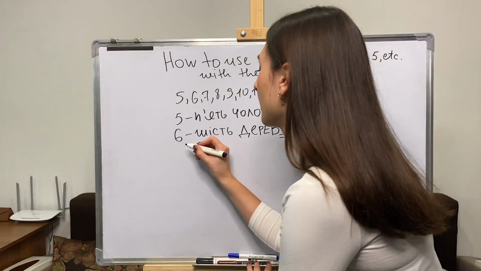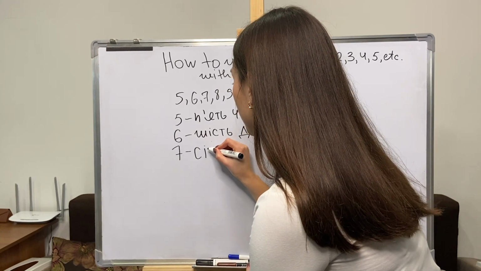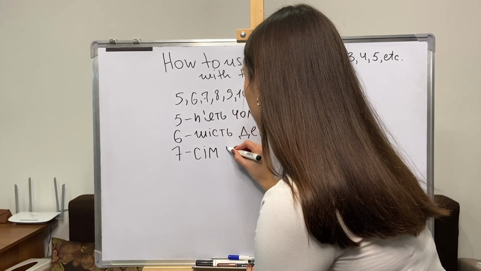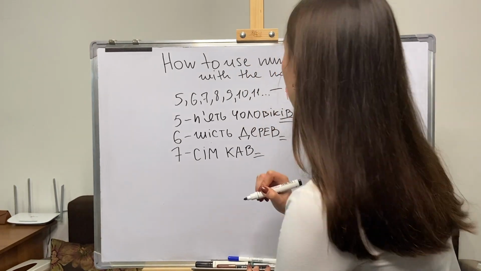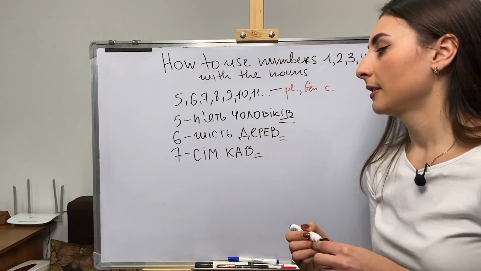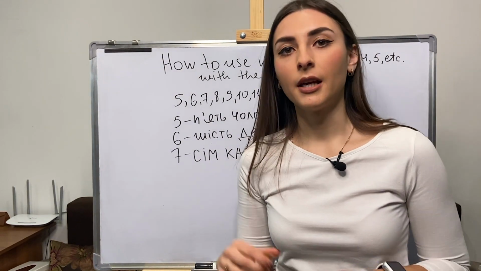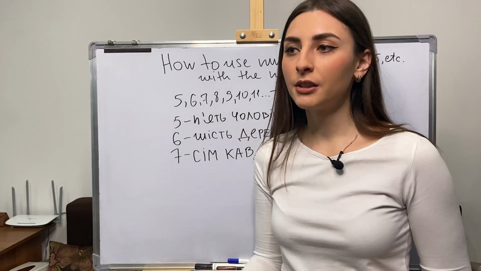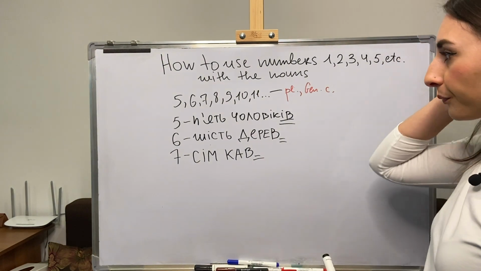For example, you say 7 кав, 7 coffees. Again, we have zero ending in the genitive case. Кава, coffee, кави, coffee, plural nominative, кав, plural genitive, and so on.